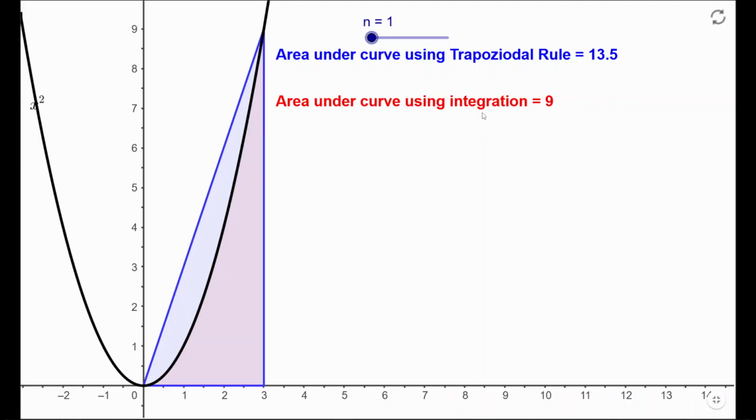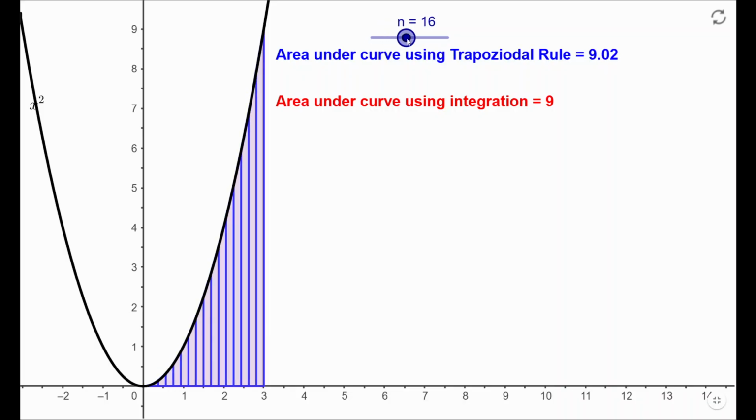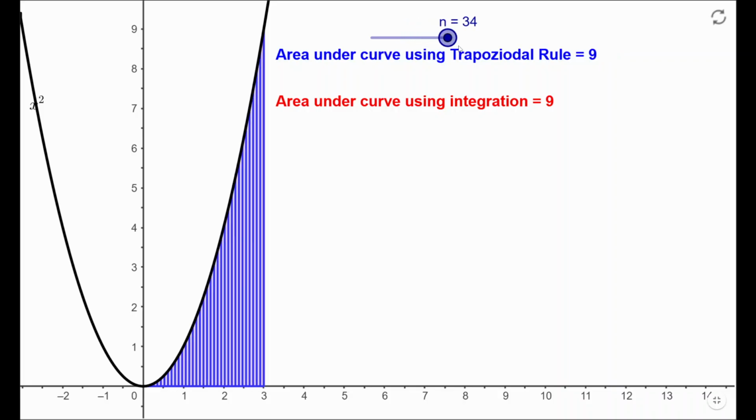So if we increase the number of trapeziums, you can see that the area becomes dramatically close to the exact area. After say 34 subdivisions between 0 to 3, this area became very close to the exact area due to integration.